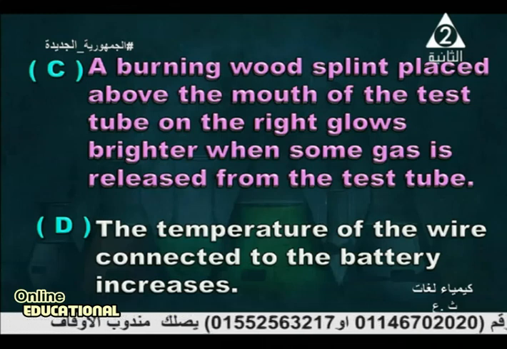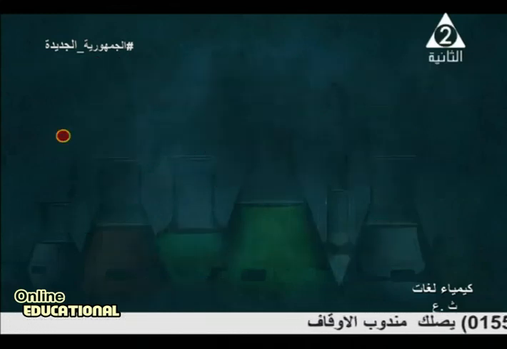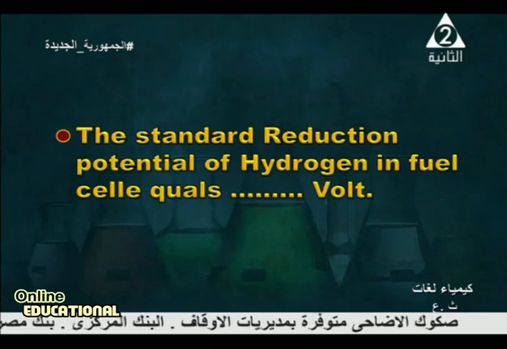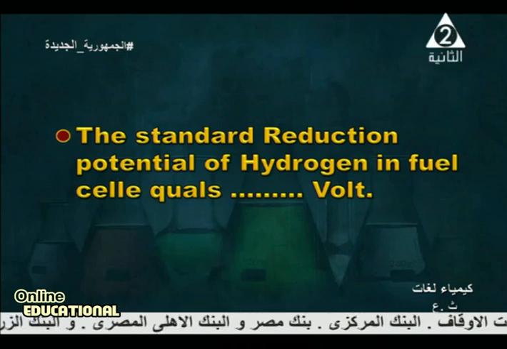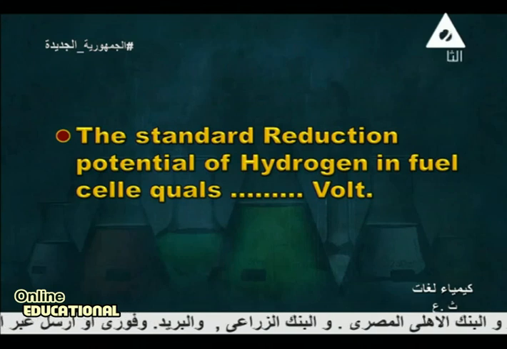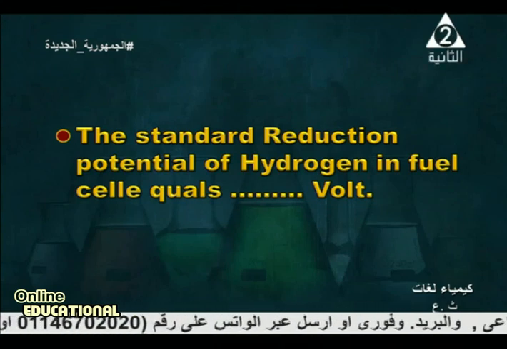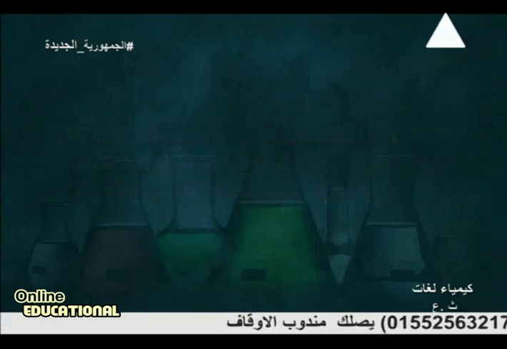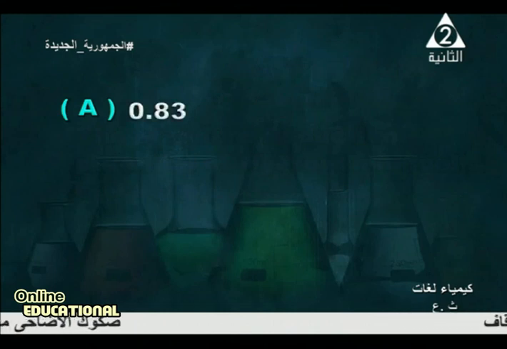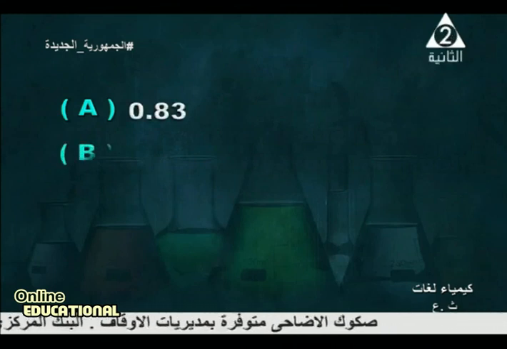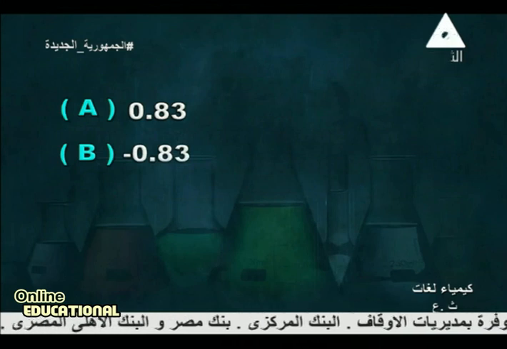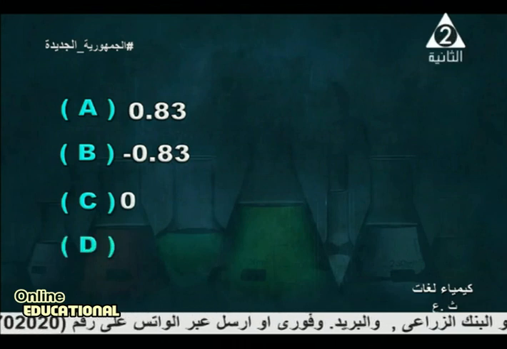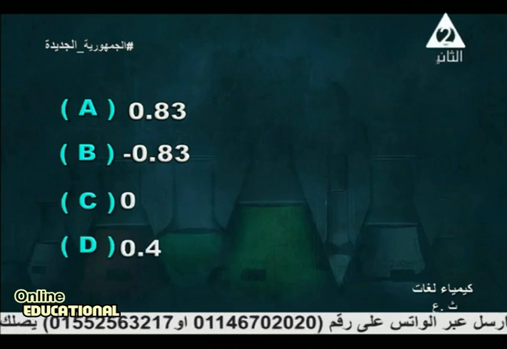My dear students, when I tell you I have a very important question, the standard reduction, put lines under the word standard. Standard reduction potential of hydrogen in a fuel cell equals what volt? Yes, I know. I say maybe 0.83 or maybe negative 0.83, or 0, or the last one, 0.4.